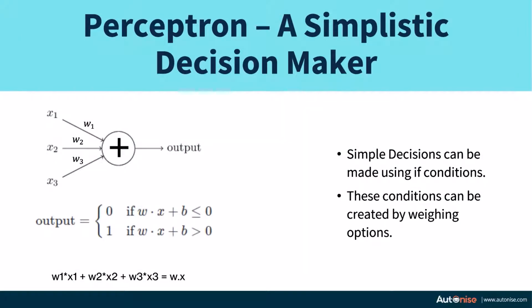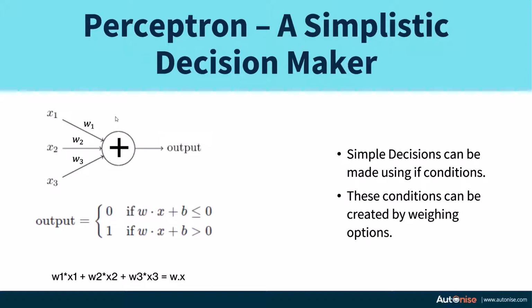A perceptron takes in multiple inputs and gives out one output, either a 0 or 1. So it can act as a simple decision maker. Based on the conditions or the inputs, which are x1, x2, and x3, we weigh these different terms by the factors w1, w2, and w3.